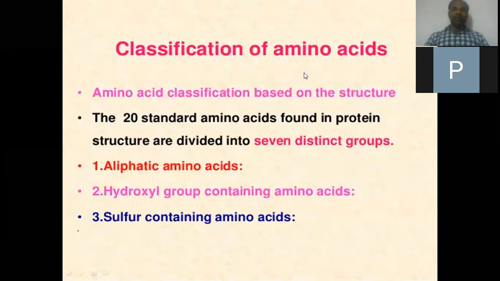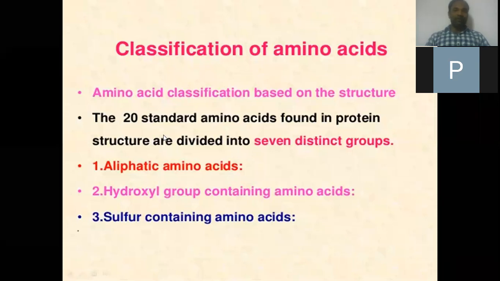Now the next and very important topic is the classification of amino acids. We should know the basic classification of amino acids, how the amino acids are classified into different categories and what their examples are. Amino acid classification is based on the structure. Amino acid का classification जो होता है, it is based on the structure of amino acid.